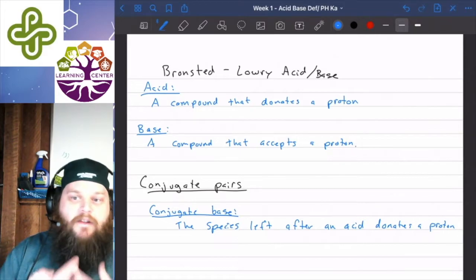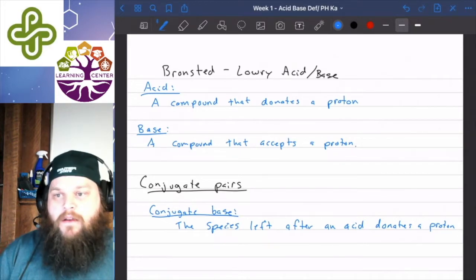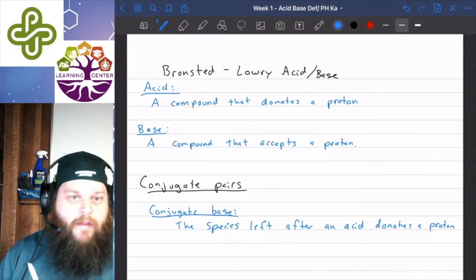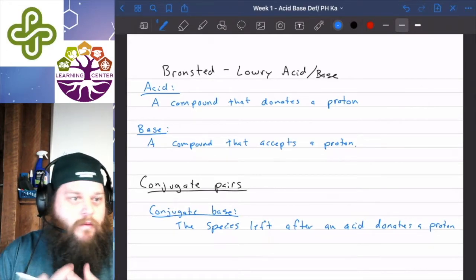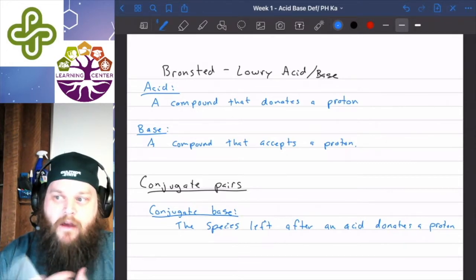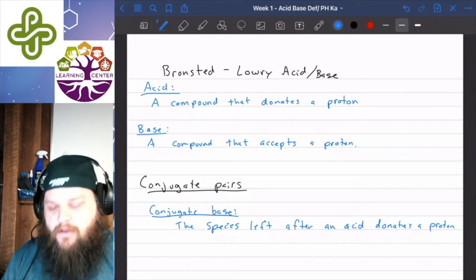Which means the acid loses a proton to another base, and that base becomes more acidic. The leftover species is now lacking a proton, which makes it the conjugate base of the acid.